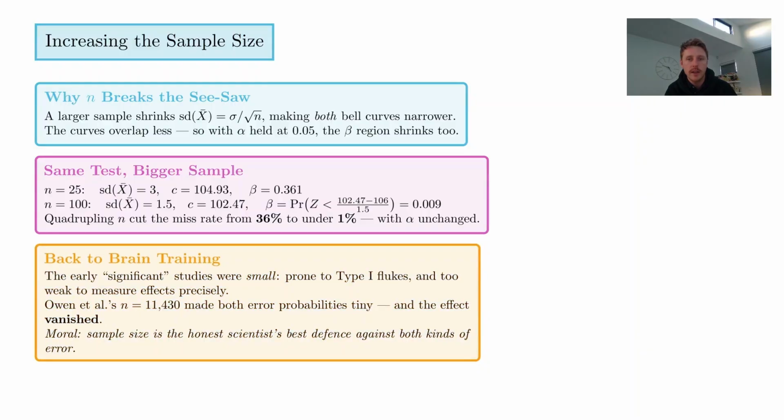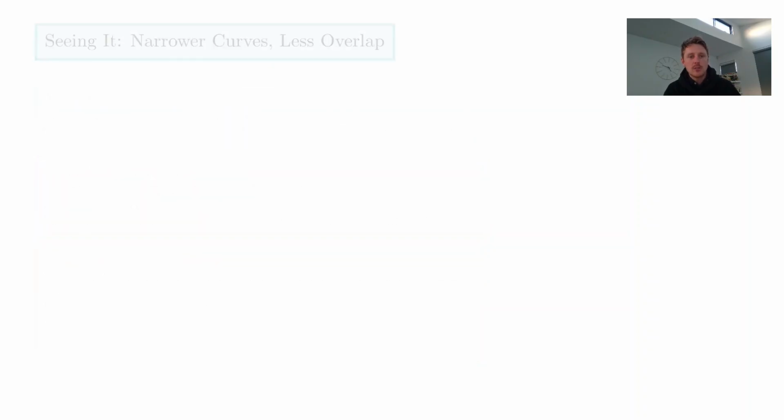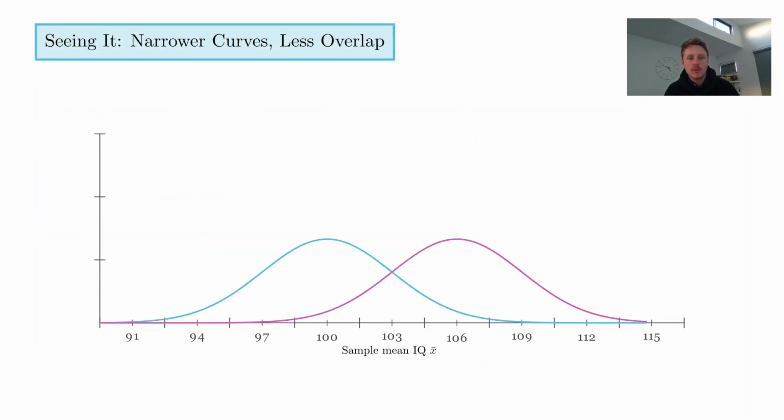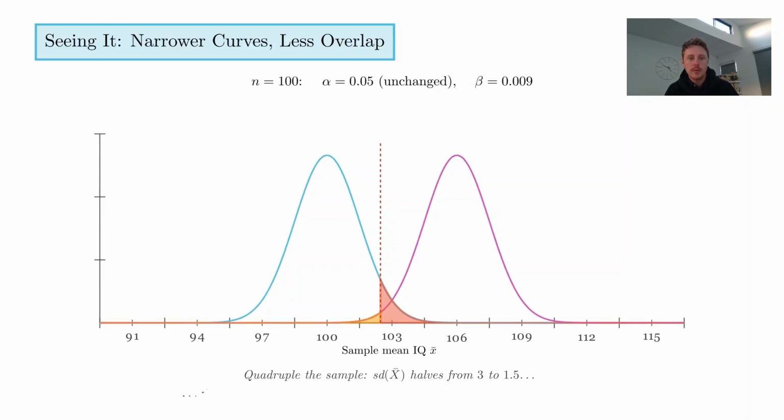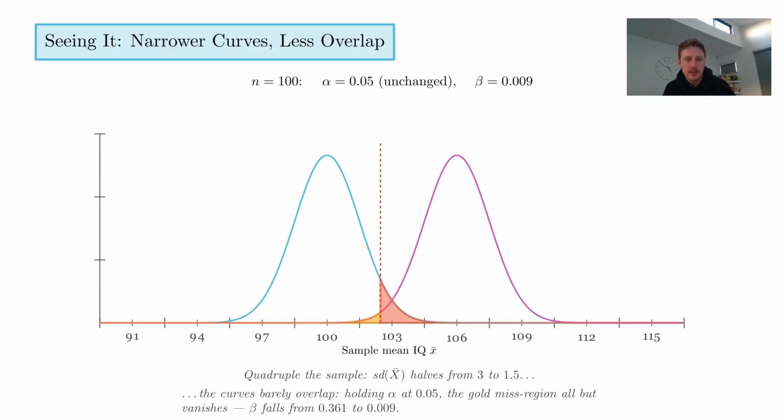And you will see why that's the case, because we're going to draw a picture. Because if you have narrower curves, there's less overlap. So this was the original situation with n equals 25. If we quadruple it, we end up with this situation. So quadrupling the sample, the standard deviation halves from 3 to 1.5, so we get narrower curves. And the curves barely overlap.